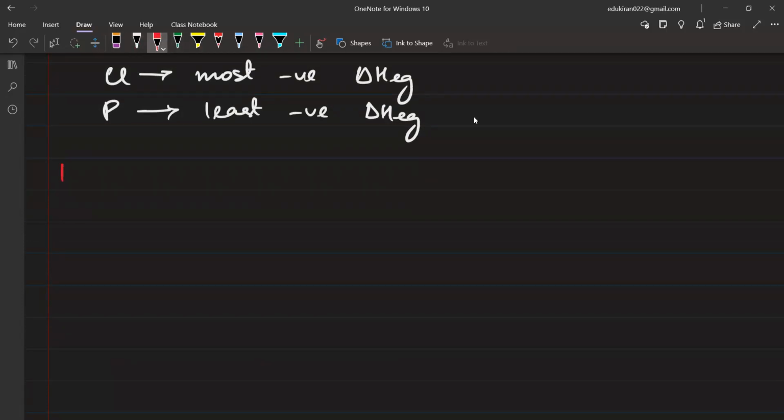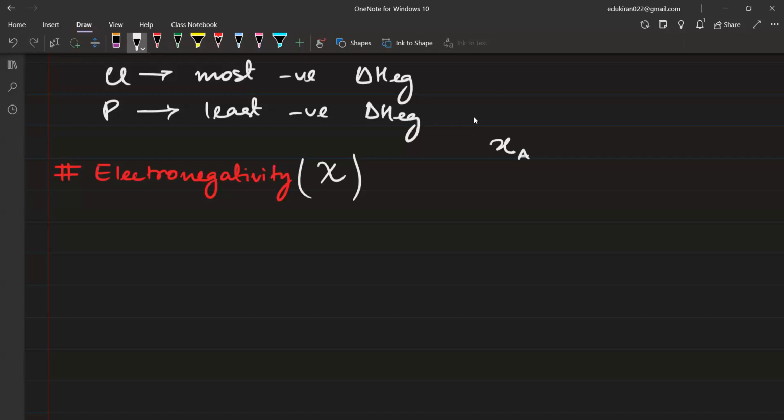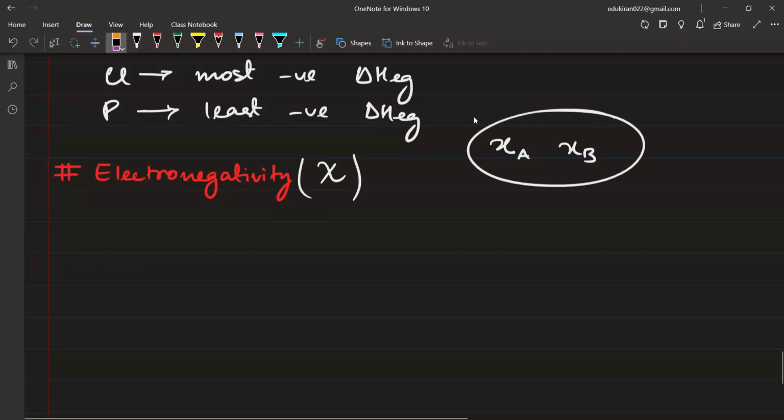Electronegativity. Electronegativity is represented by chi. We have seen chi A and chi B in mole fraction, so that is the capital letter of chi. Electronegativity is shown by chi.